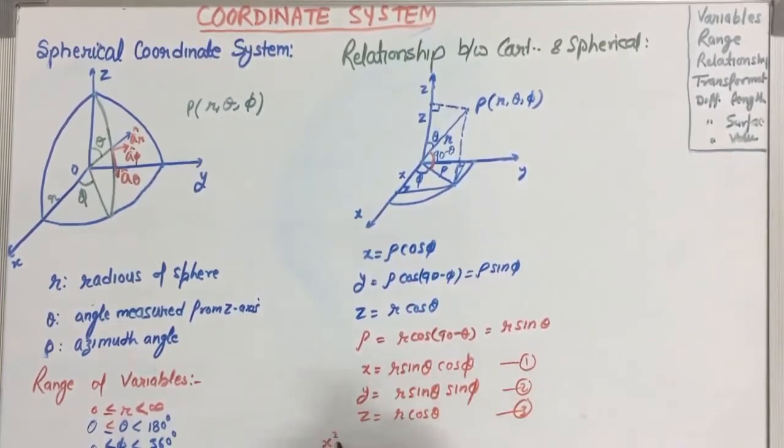In that case you will find x square plus y square plus z square is equal to r square sin square theta common from these two, and cos square phi plus sin square phi will be 1, plus r square cos square theta.